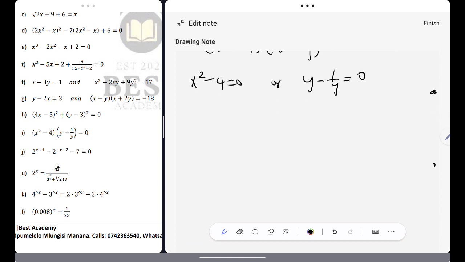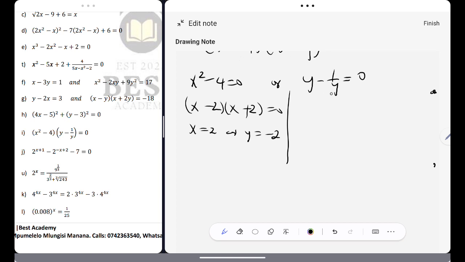Are you together? So here we just need to solve for x. I know that this thing is a difference of two squares. Let me just separate them. I'll have x and x, 2 and 2, minus and plus. x is 2 or x is negative 2.